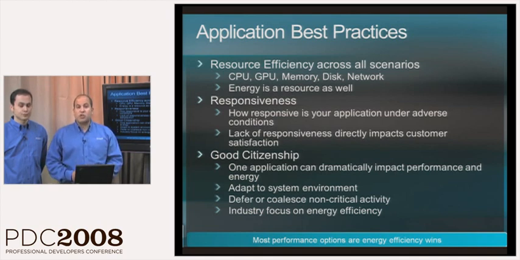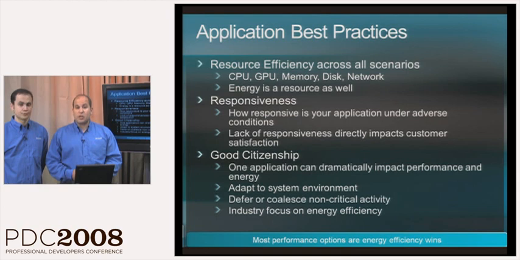We want applications to adapt to system environments. What I mean by that is if the system is on DC power, does your application scale back that experience? Does your application respond to various power transitions gracefully? We also think that applications should look to defer or coalesce non-critical work on the system.